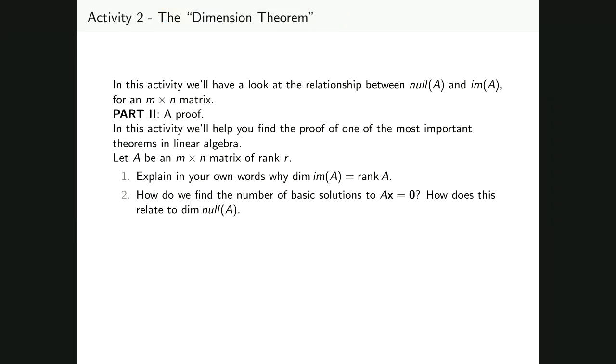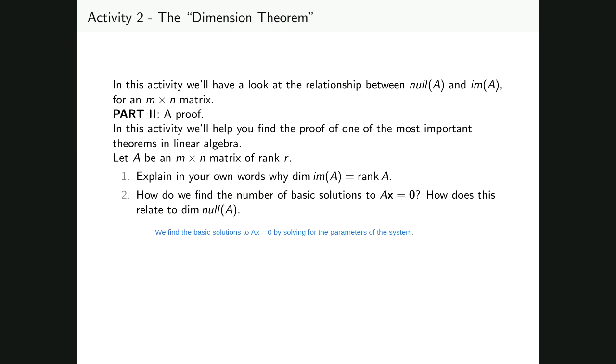How do we find the number of basic solutions to AX equals 0? And how does this relate to the dimension of the null space? Right, so we find the basic solutions to AX equals 0 by solving for the parameters of the system.